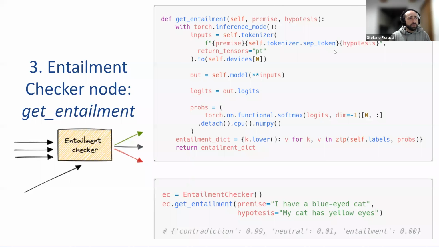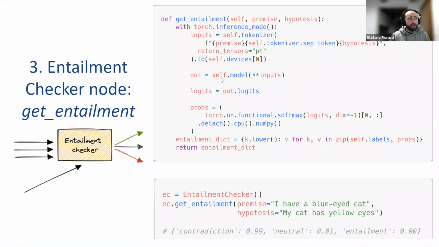Then we define the input for the natural language inference model that is given by the premise, the separator, and the hypothesis, and we tokenize this string. Then we put this input to the first device, which can be CPU or GPU.